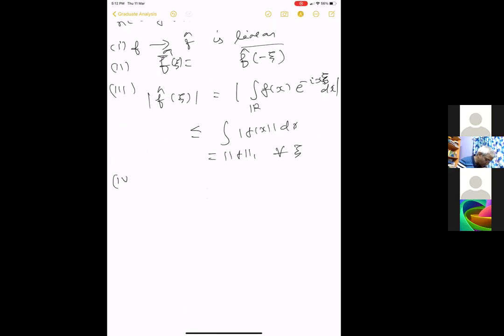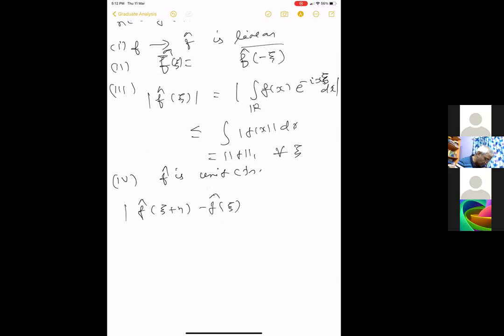The fourth property is that f hat is uniformly continuous. So why is that true? We want to consider f hat of xi plus eta minus f hat of xi.